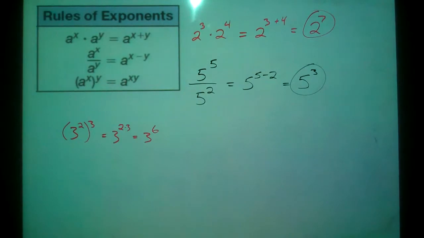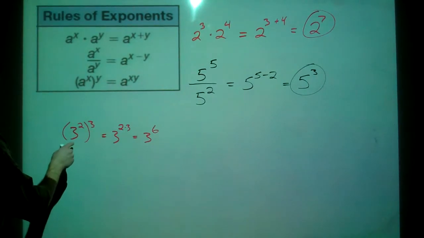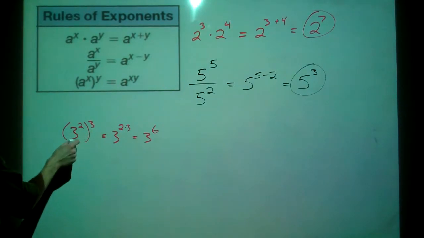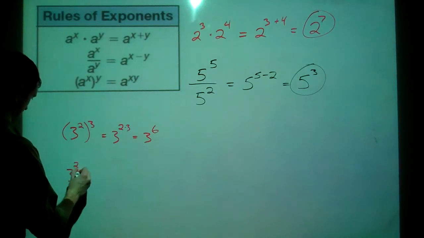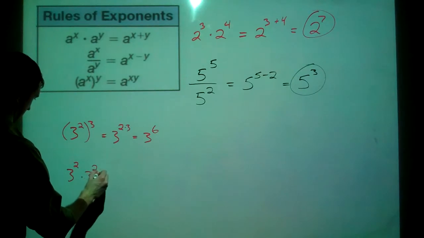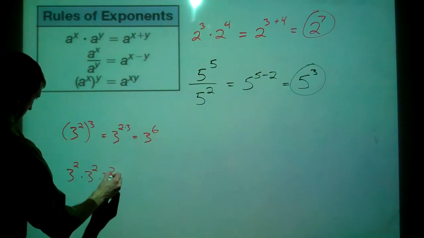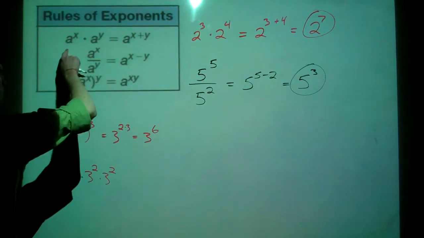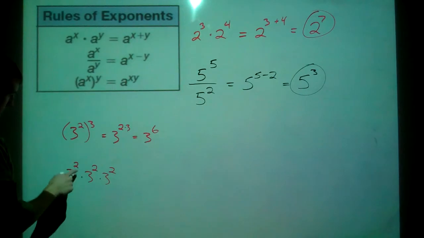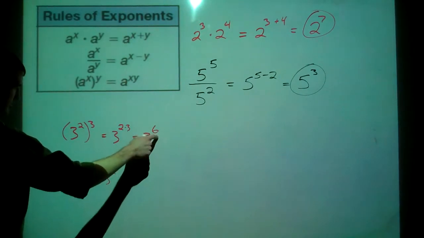Now let's see why this works. This means we have 3 of whatever is in here, so that's 3 to the second times 3 to the second times 3 to the second. Now, same base, which means we could actually use this rule up here. We're multiplying all these now. 2 plus 2 plus 2 is 6.